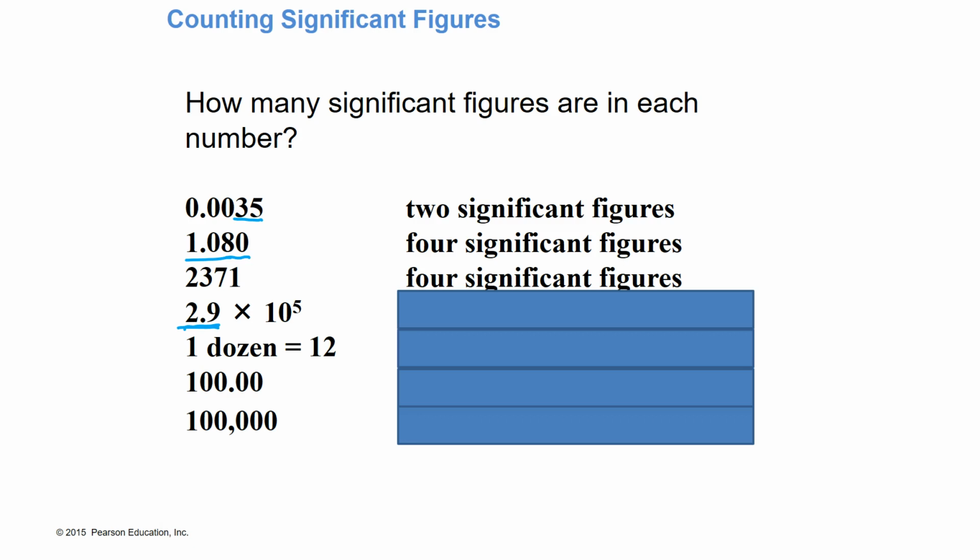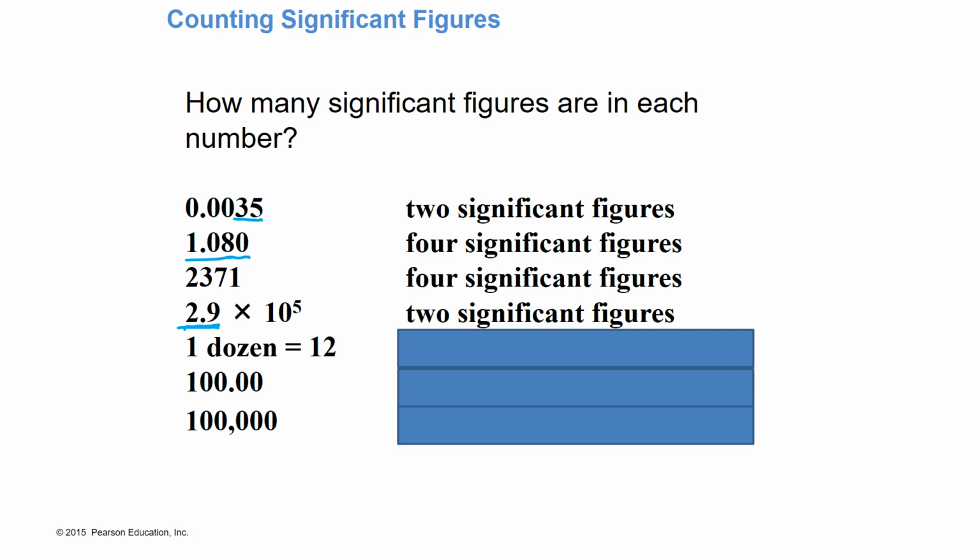So I'm going to talk about what that times 10 to the 5 gives us. Remember at the beginning of class, I talked about that we still have to maintain the value of the number. So that 5 is giving me the value of it. What that times 10 to the 5th is telling me is that I'm actually looking at 290,000.